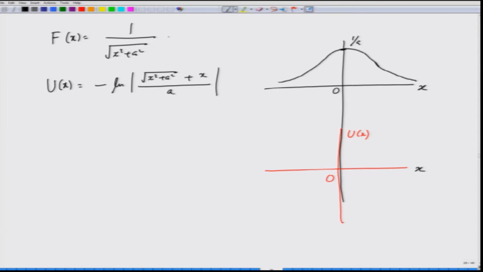You can see this goes to 1 over x as x becomes larger and larger. You can also see that the force is always positive and therefore the particle is always going to be pushed to the right. Maximum force the particle feels is at x equals 0, and as it goes away from the origin the force becomes less and less.